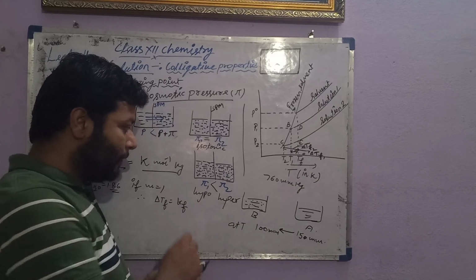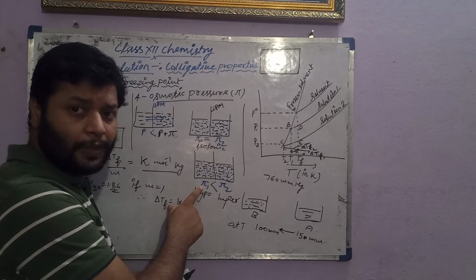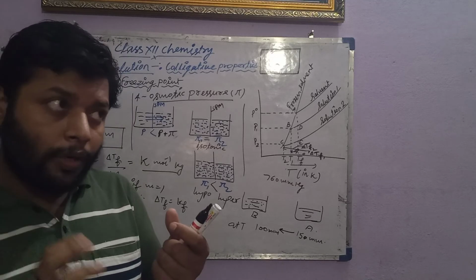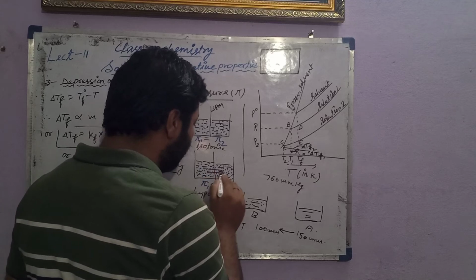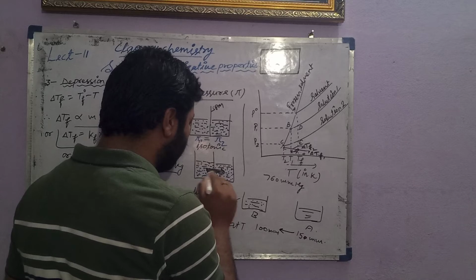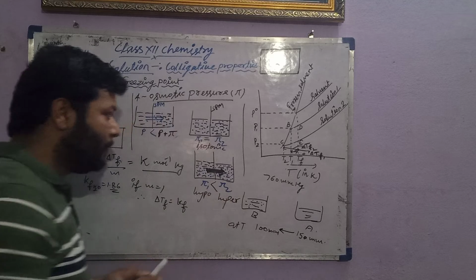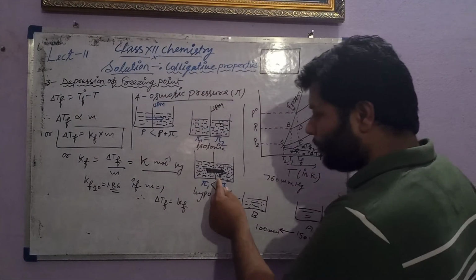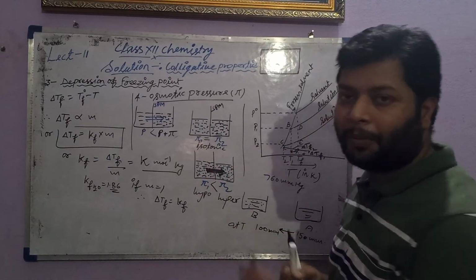You can see there is a lower concentration, due to which there is lower osmotic pressure. The flow of water is always from lower osmotic pressure to higher osmotic pressure. The net flow will be from right to left, sorry, I said the net flow is always from left to right, because that side has the lower osmotic pressure.